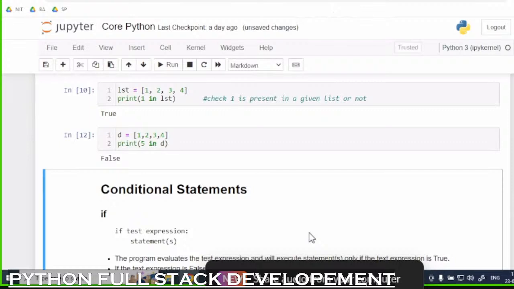These are the three. Next is assignment operators. Next one is identity operators, where identity operators are is and is not. Next, membership operators, that is in and not in. So we are having these many types of operators within Python.